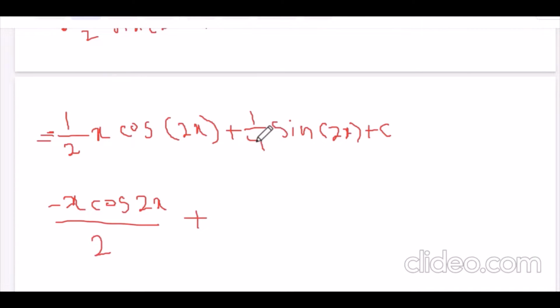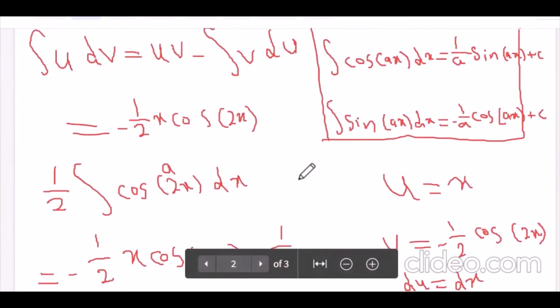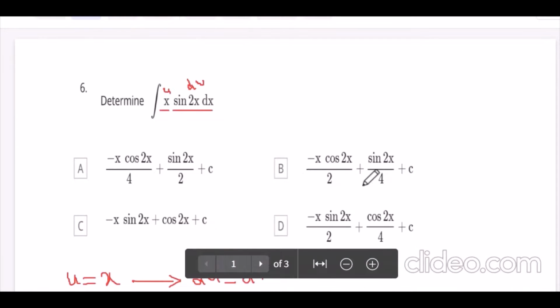Here the reason we don't need to write the 1, so I'm going to write sine directly. So sine 2x over 4 plus c. After we finish the indefinite integral, we should write plus c, which is the constant of integration. So let's see which one is the answer. So the answer is B.